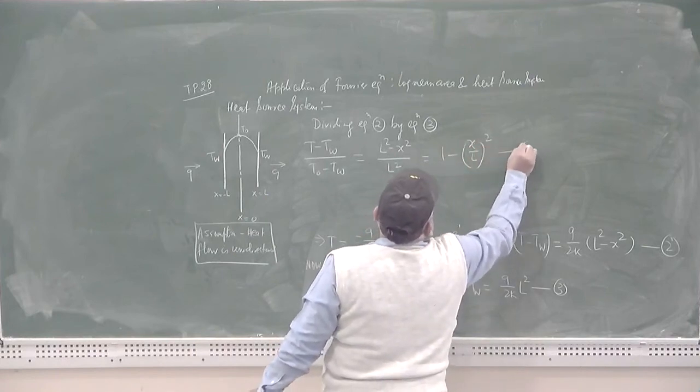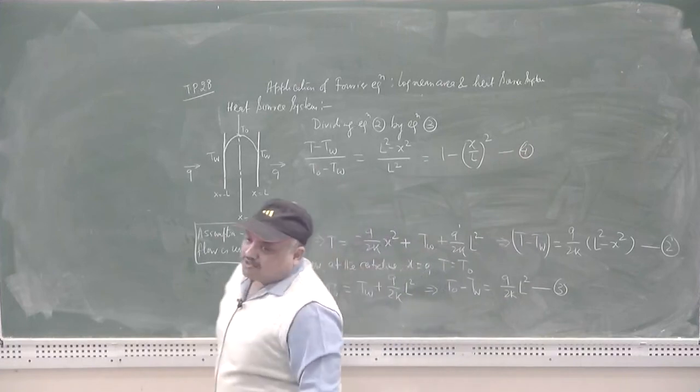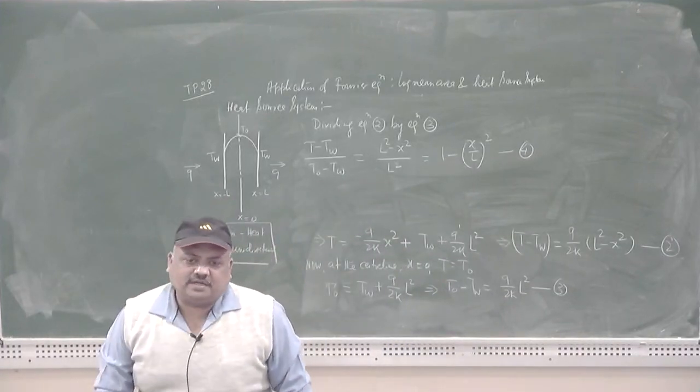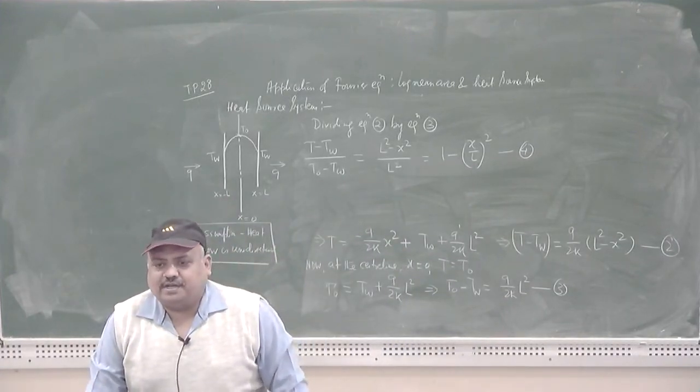This equation number 4 is called the temperature distribution equation in the dimensional form.